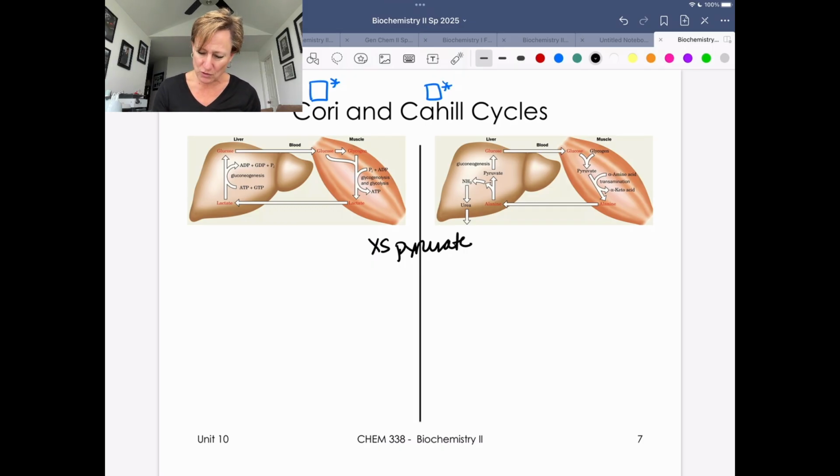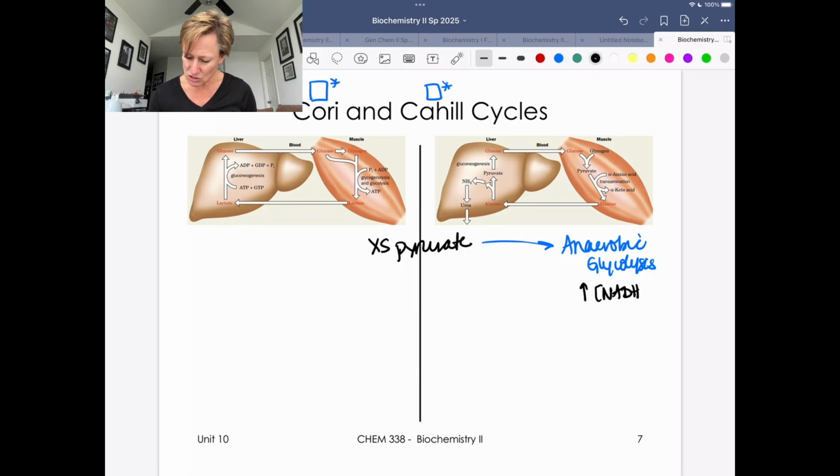To put that down in words, as we've been saying: why might you have excess pyruvate? You're doing a lot of anaerobic glycolysis. The problem with anaerobic glycolysis is that you are generating high concentrations of NADH.